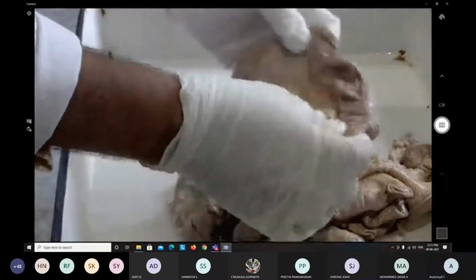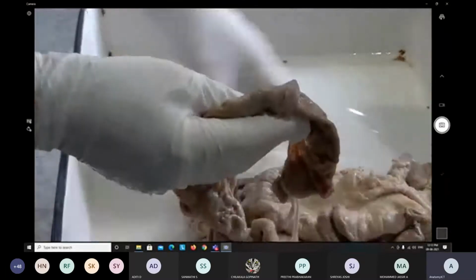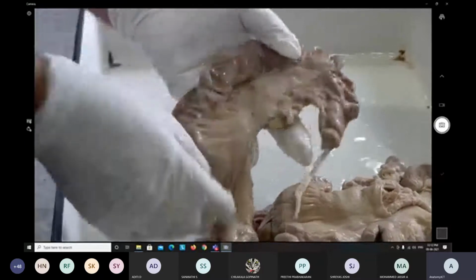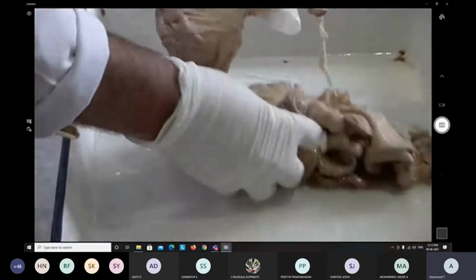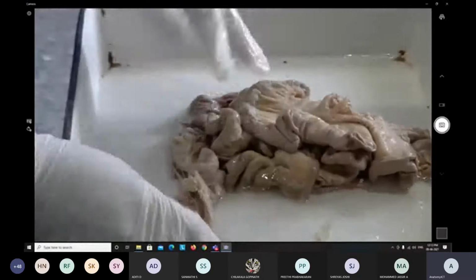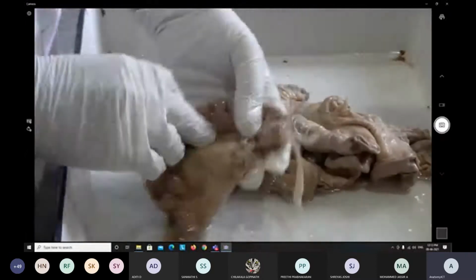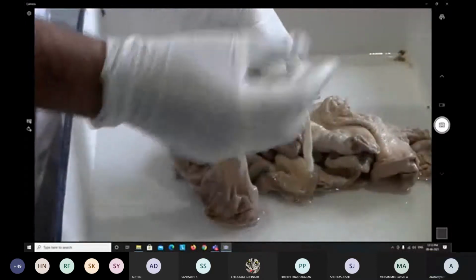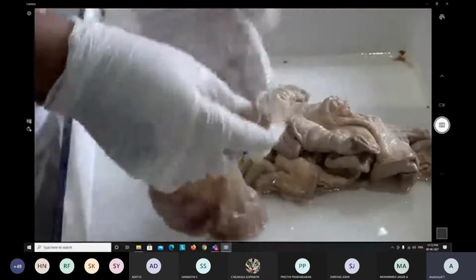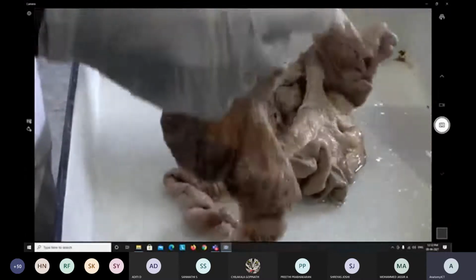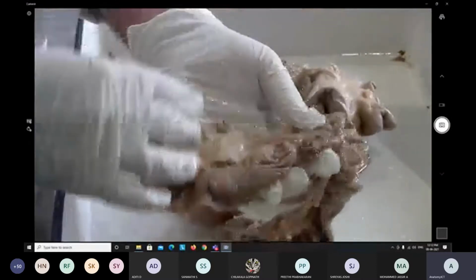Now, for study purposes, we have divided the small intestine into three different parts, right? As you know, the continuation of the stomach will start the small intestine. So the first part of the small intestine we used to call duodenum.